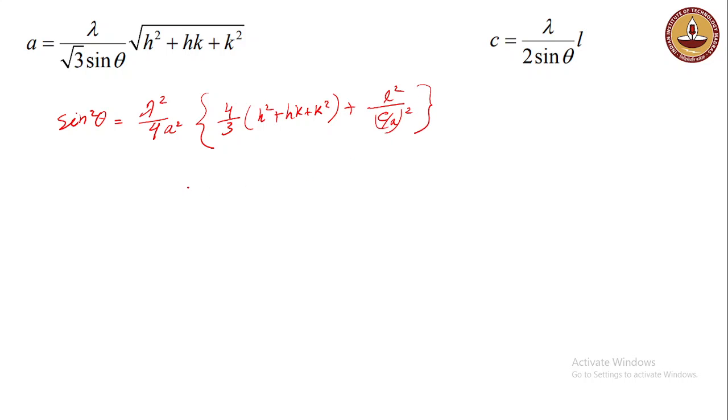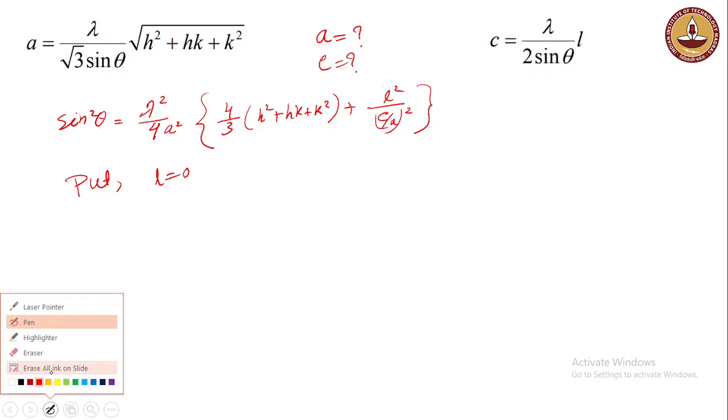Now from here, what do we want? We want to find out a and c. In this equation, if you carefully observe, if I put the l value 0, then what will be the value of this whole part?